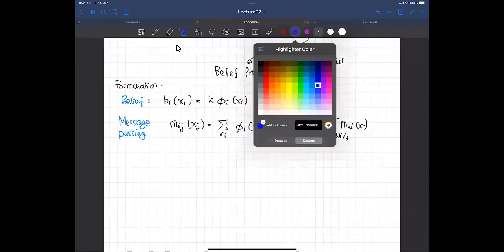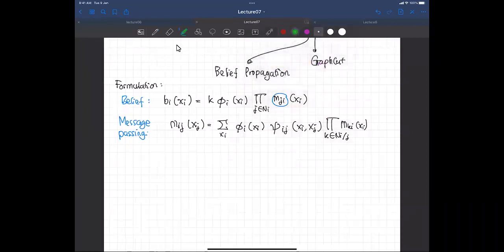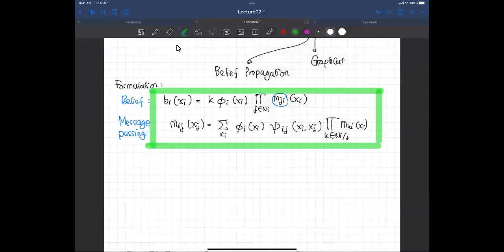We will see later on what the meaning of it is. Okay, so this is the idea of belief propagation.